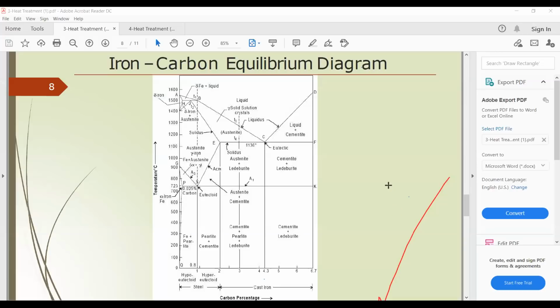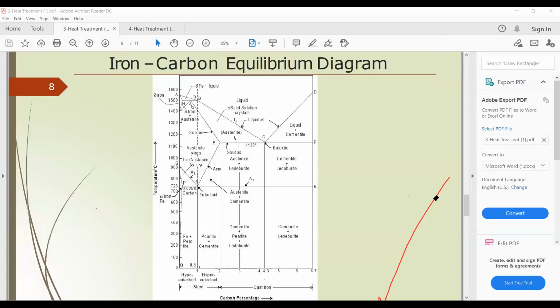Up to now, what we discussed. Okay. So this is another important topic, the iron-carbon equilibrium diagram, right?